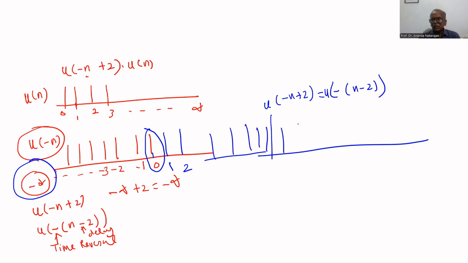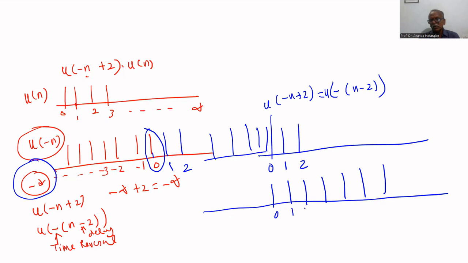It ends at 2. That's all. So now you have to multiply this with the U of n. We'll write the U of n in the bottom: 0, 1, 2, 3, 4, 5, 6, etc.